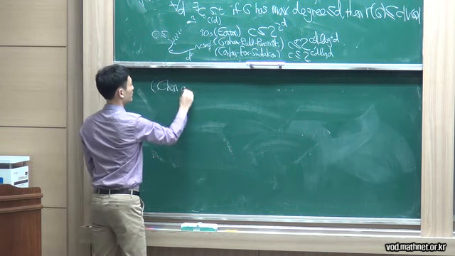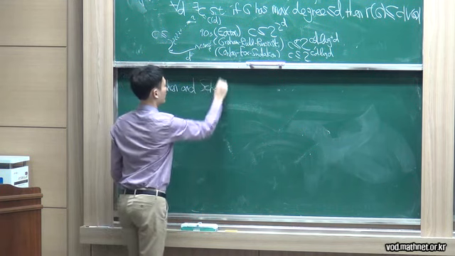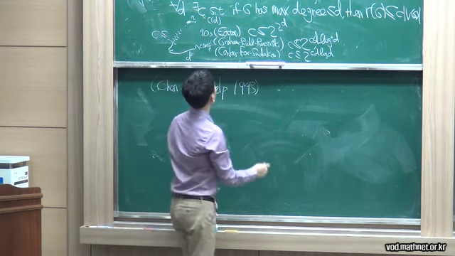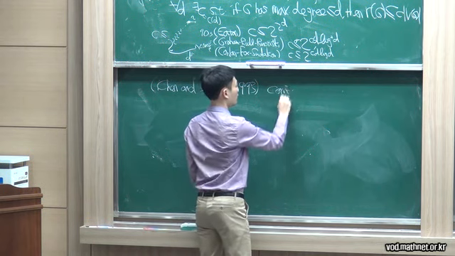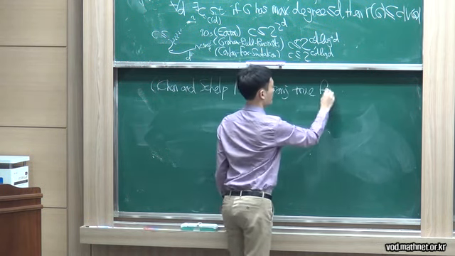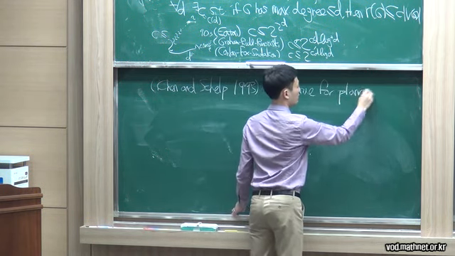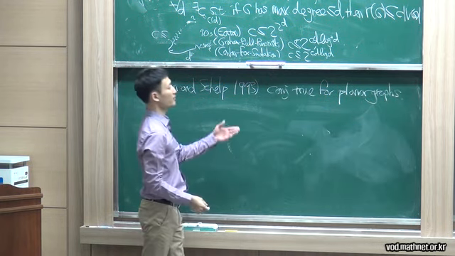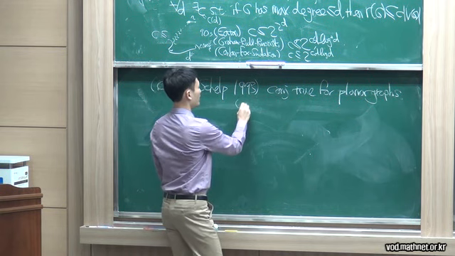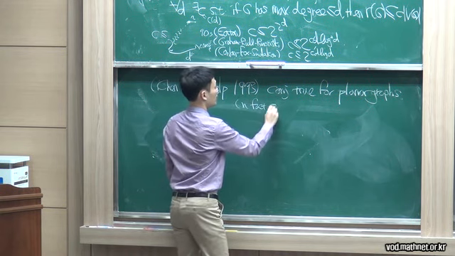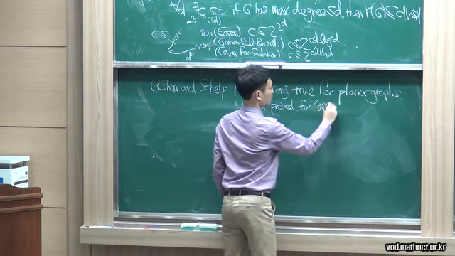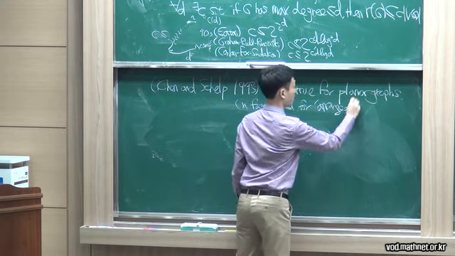So Chen and Schelp, 1993, proved that the conjecture is true for planar graphs. And planar graphs are known to be degenerate. In fact, they proved it for arrangeable graphs. I won't define what this is.